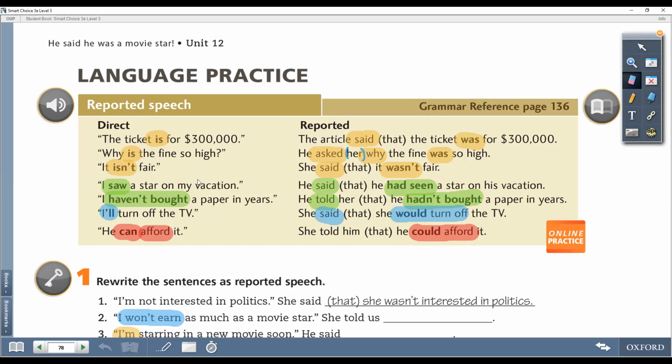Sentences in the present, sentences in the past, or talking about the past, sentences in the future, and with can or could. Modal verb can. Now, let me take a picture before we move on.